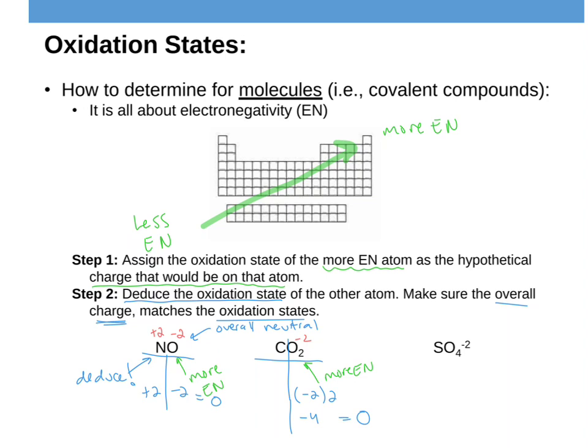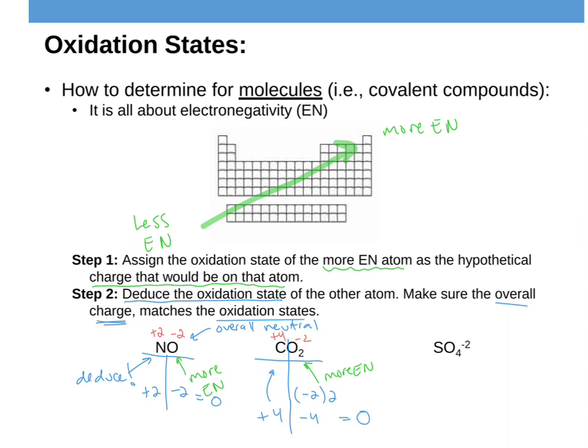So if I calculate it, the carbon must be a +4 to balance out those -4s from the oxygen. Carbon's +4, the 2 oxygens are each -2, so we have -4 and +4.